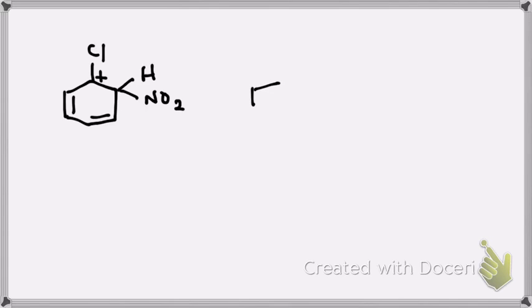So one intermediate looks like this. The other intermediate looks like this.